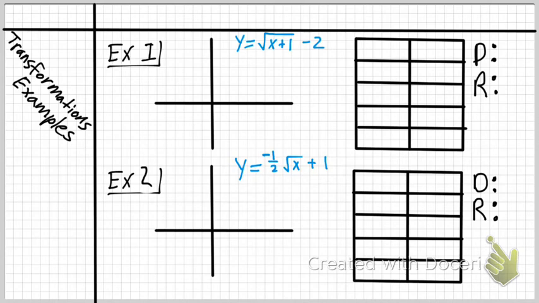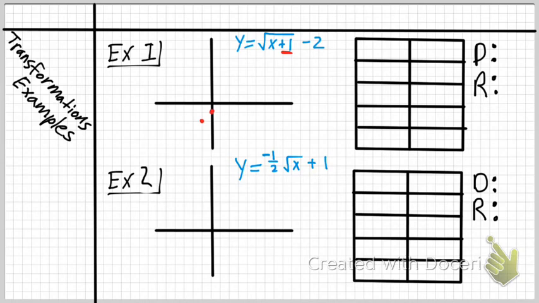So from 0, 0, our original point, we're going to shift to the left 1, because up in here we have an h that is a negative 1, so left 1, and then down 2. And then every single point is going to go left 1 and down 2. So our 1, 1 becomes left 1, down 2.